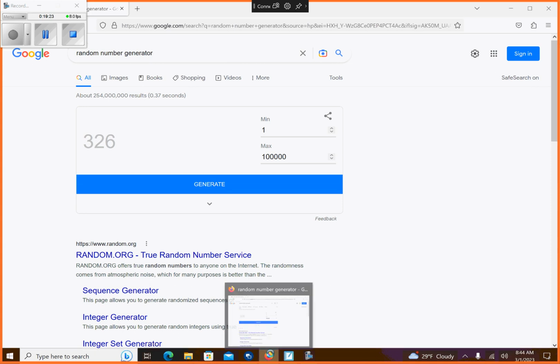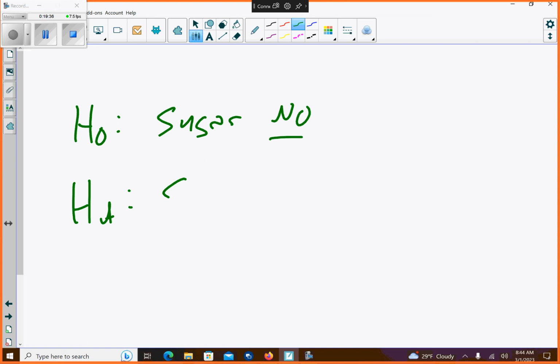So let's look at what they're doing here. H naught: sugar doesn't affect insomnia. Our alternative: sugar increases insomnia.